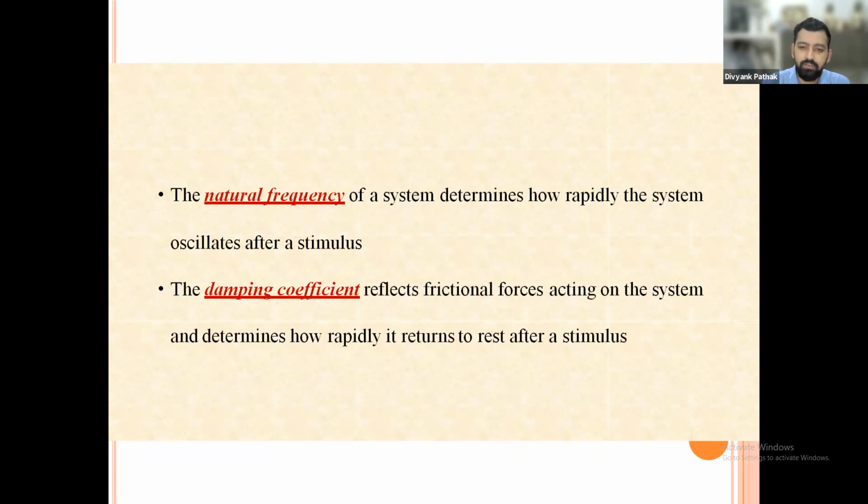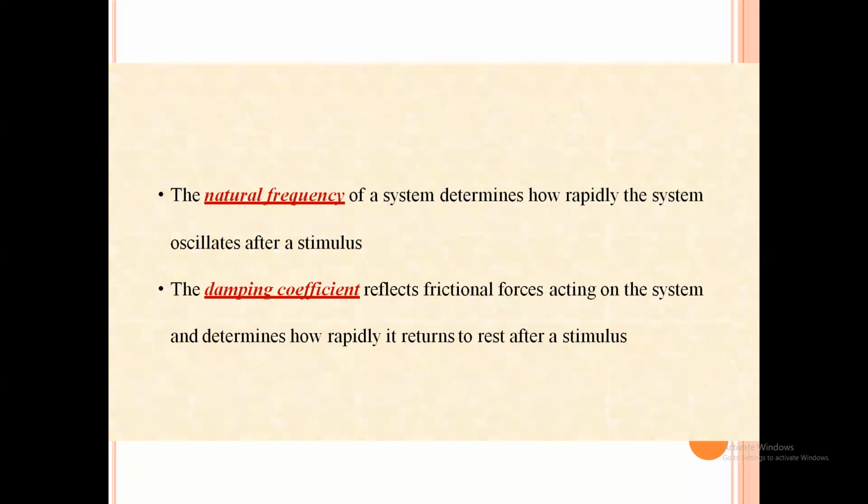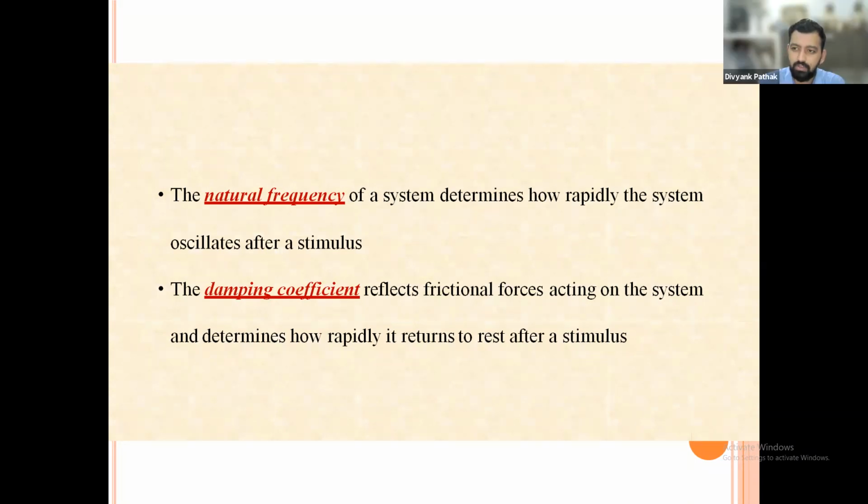Natural frequency is the basic characteristic of whatever material it is, and the damping coefficient is the frictional forces which we encounter during the flow of the fluid or flow of the waves, which determine how the rest of the stimulus gets to the microprocessor. So these two characteristics determine how the wave is formed.